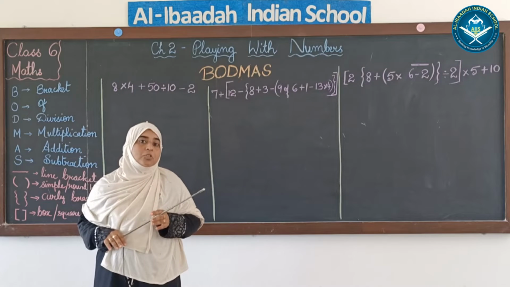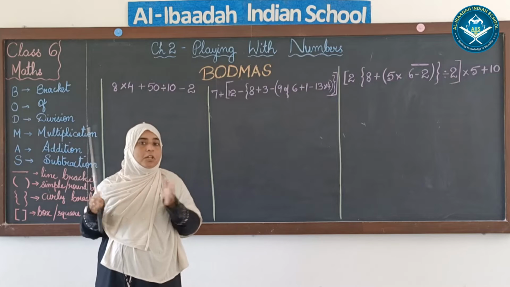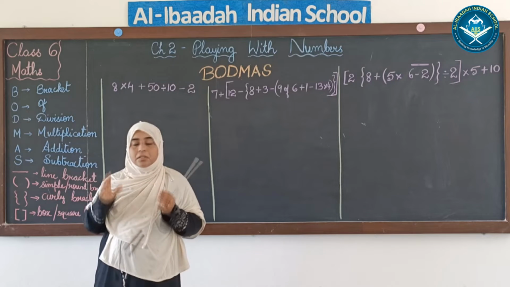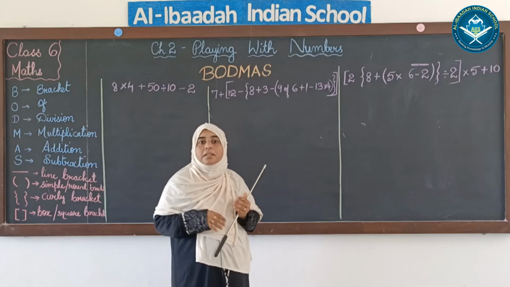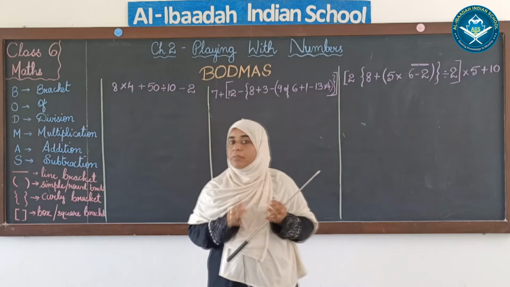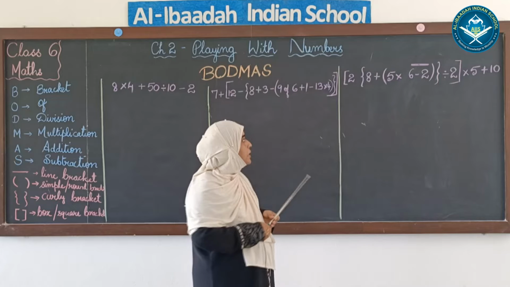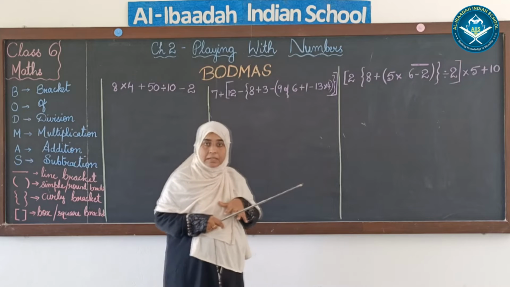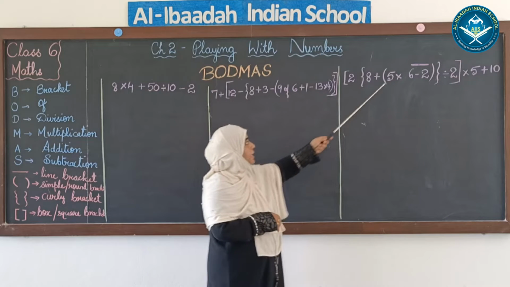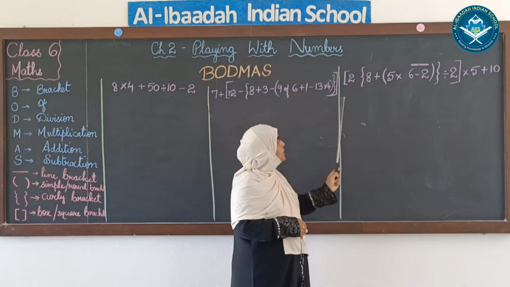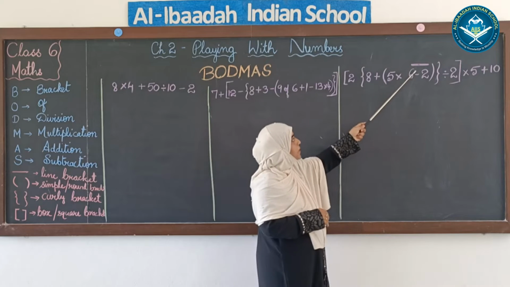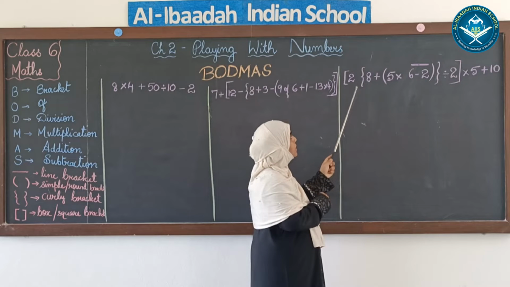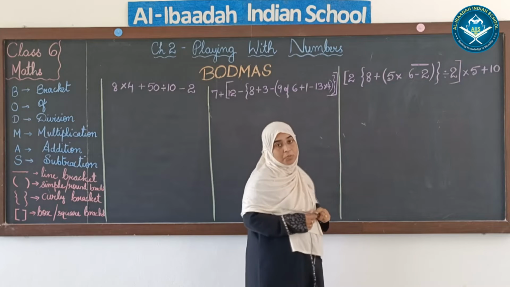Now these brackets also you will find in a particular order. When there are more than one bracket, then there is a particular order. The innermost bracket that you find is the line bracket. You can see here in this question we have all the four types of bracket: line bracket, simple bracket, curly bracket and box bracket.